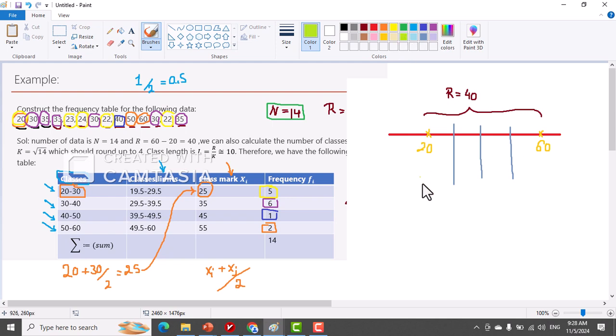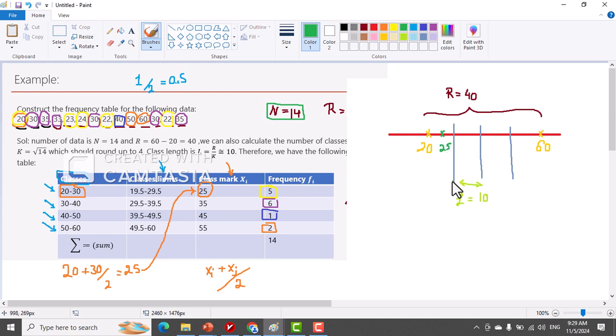After that, we calculate the length of each class. The length of each class, L, is equal to the range over K, the number of classes that we calculated, and it was 10. The class mark over here is a midpoint, which is equal to 25.